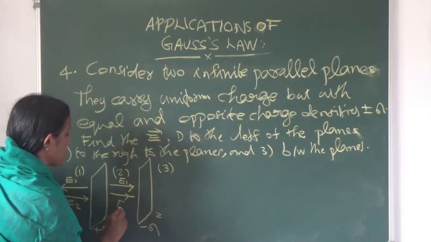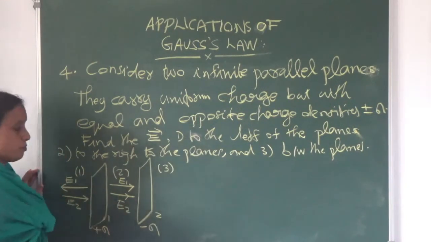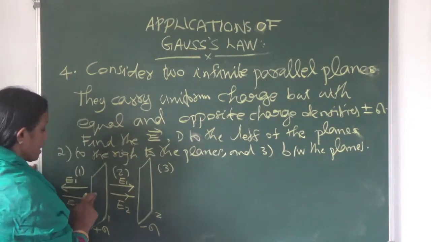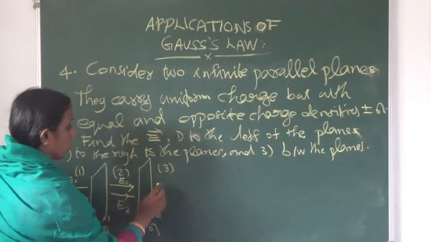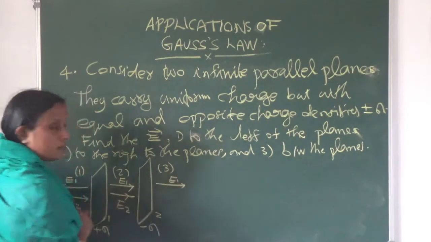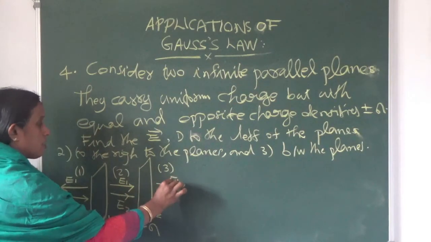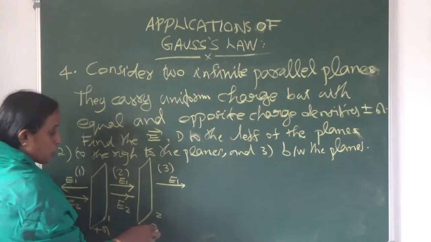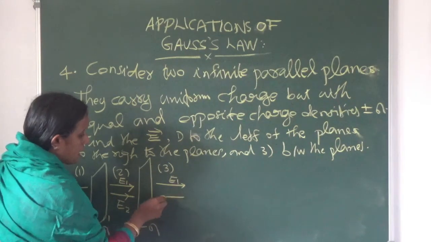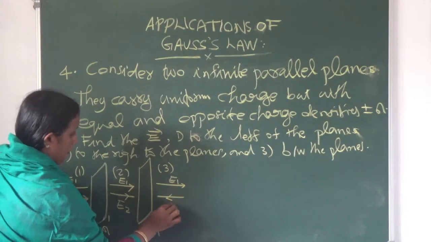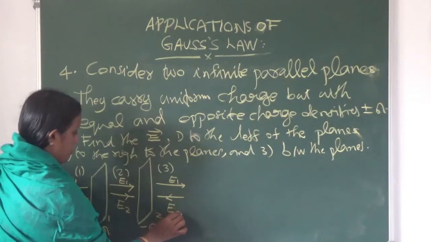This is E2. Now for region 3, the electric field due to sheet 1 points like this, E1. And the electric field due to sheet 2 points towards the sheet like this, E2.